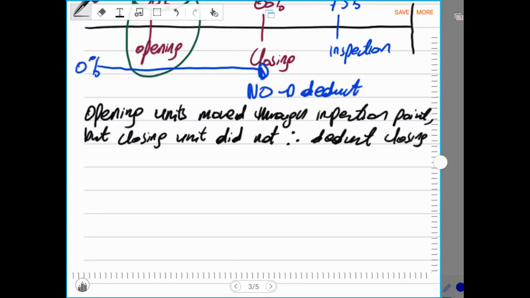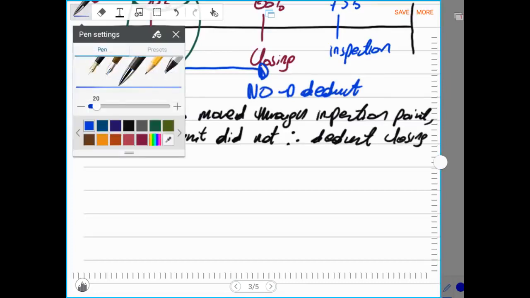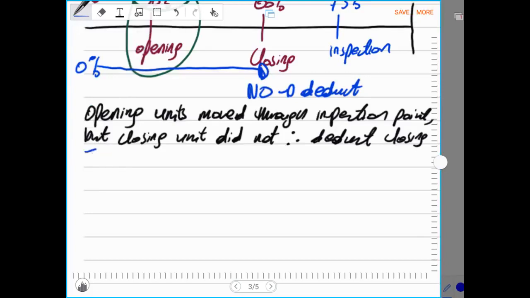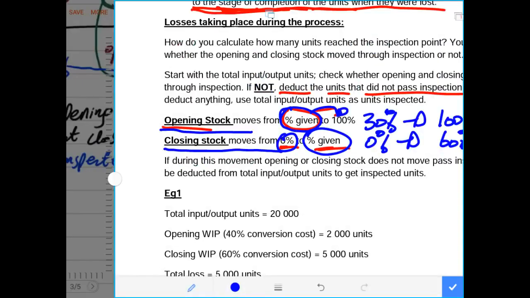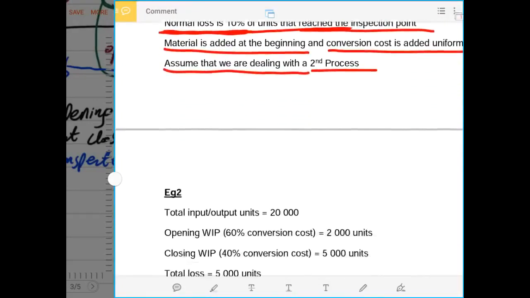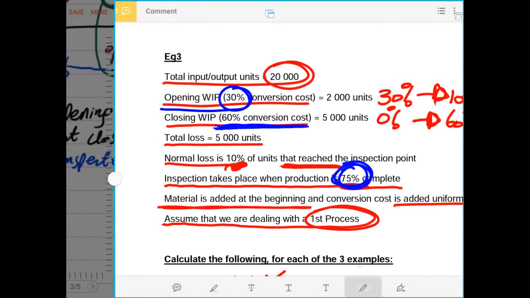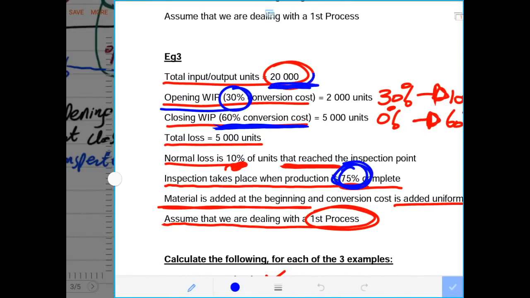Then let us calculate the inspected units now. Our inspected units will be the total input output. Don't forget, we always start from the total input output, and our total input and output units is 20,000 units.